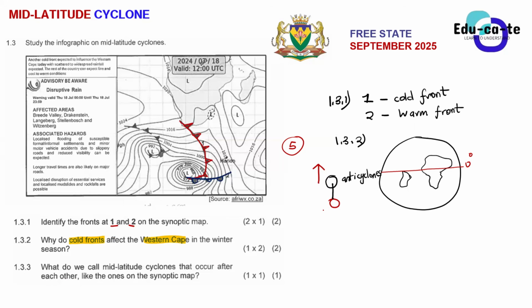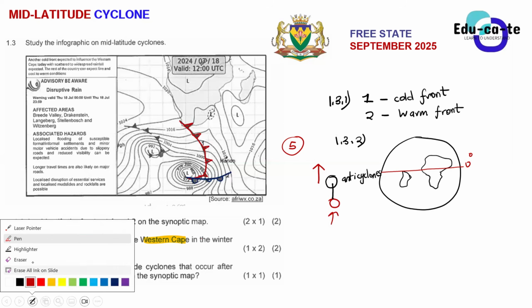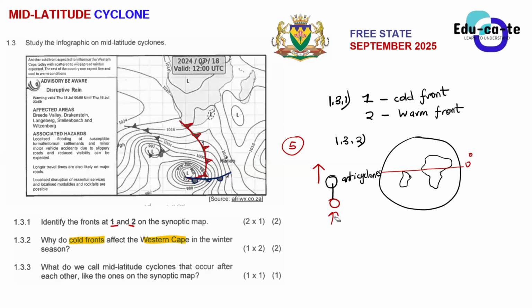Just imagine, we've got a black ball and a red ball connected to each other, maybe with a string or something, and I move this black ball upwards. What will happen to this red ball? It will also move upwards. Guys, I want you to use simple imagination before we apply complex concepts to this whole thing.